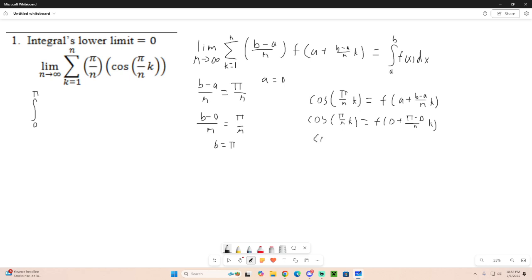And then just to simplify, we get cosine of pi over n times k, when all the zeros cancel out. So this is just saying that when we plug pi over n times k into f of x, we get cosine of pi over n times k. Therefore, we can see that f of x is equal to cosine x. And we'll do more problems later where it's not super obvious like that one. But for that one, it was pretty obvious. So we have cosine x dx, and that's our final answer.